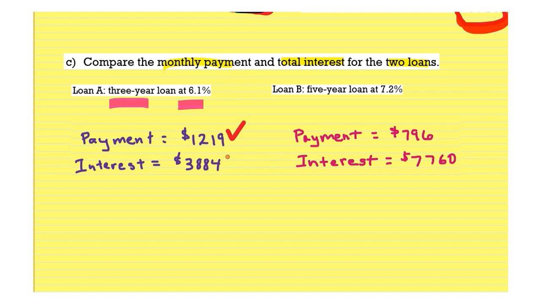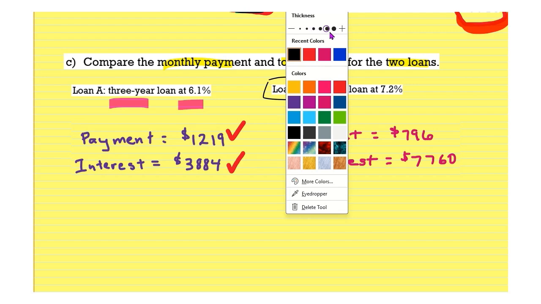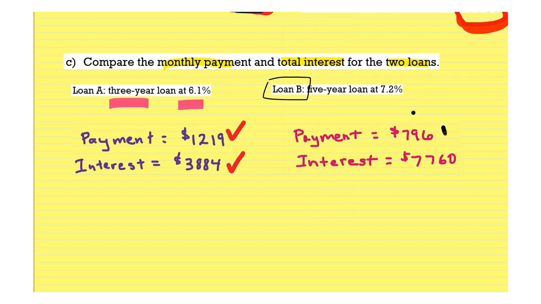We found that the total interest on loan A is 3,884. And on loan B, my payment amount was $796, and for loan B, my interest is $7,760.